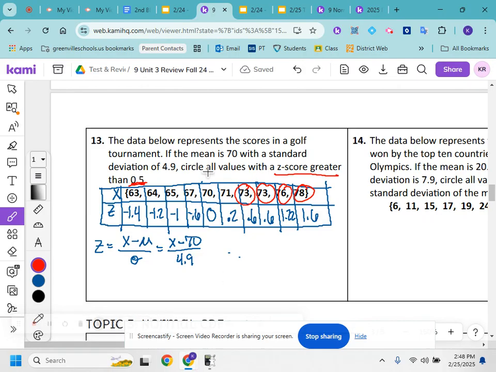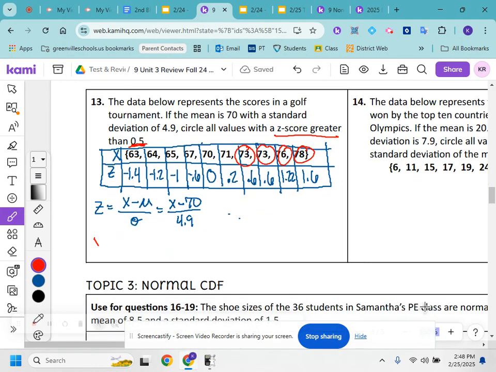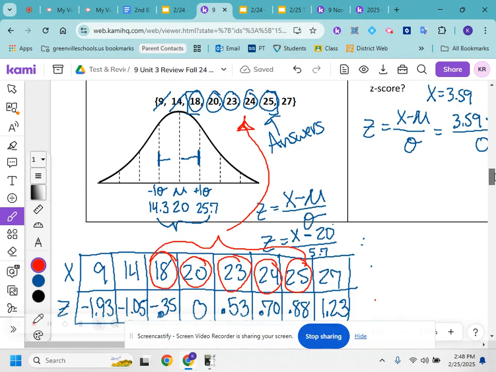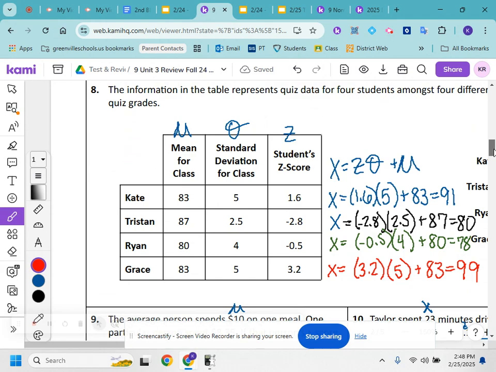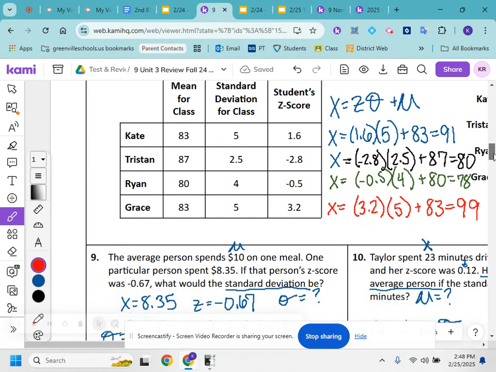Another way to do it is to find the x value that goes with 0.5 as a z-score. So x equals, and go to your equation, standard deviation times your z-score plus your mean.